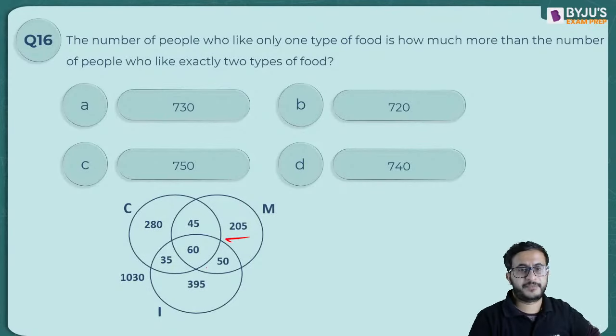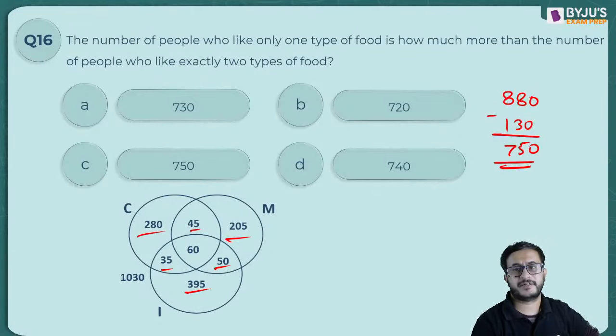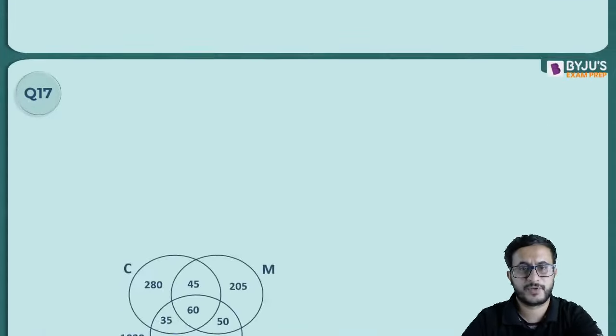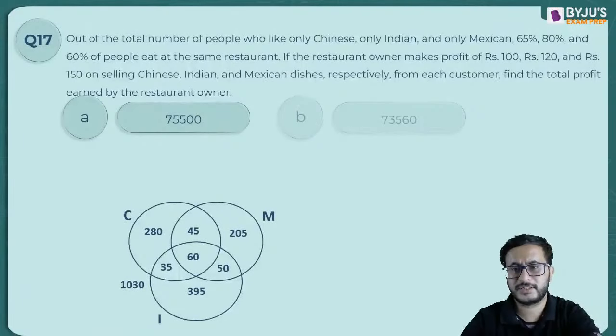So only one type is 600 plus 280, 880 minus two types of food. That is 80 plus 50 is 130. Okay, so the difference is 750. Okay, so that is the answer to this question. Okay, we have one more question.